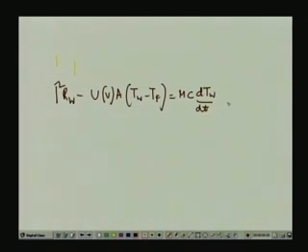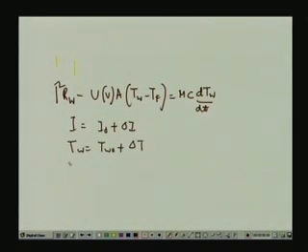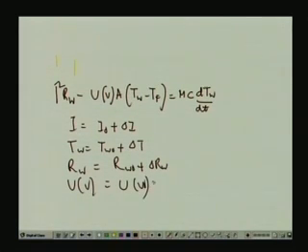Now I replace I by I naught plus delta I, I replace TW by TW naught plus delta T, RW I replace by RW naught plus delta RW, and U V I replace by U V naught plus sigma into delta V, right. So if I put all this here, I will get expressions.